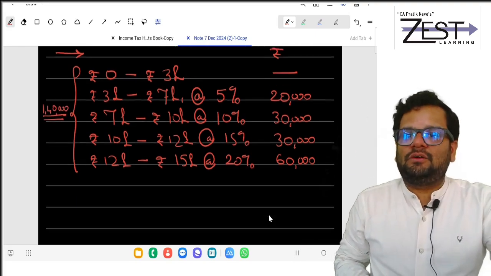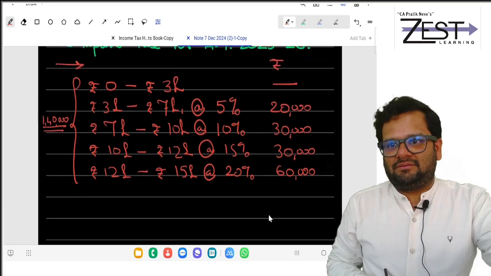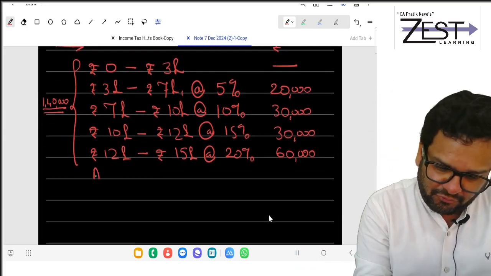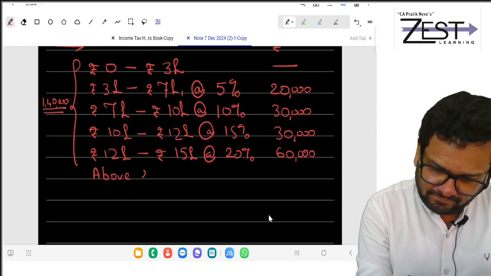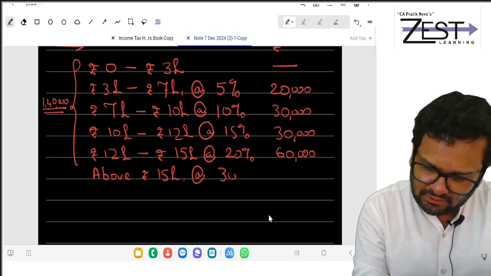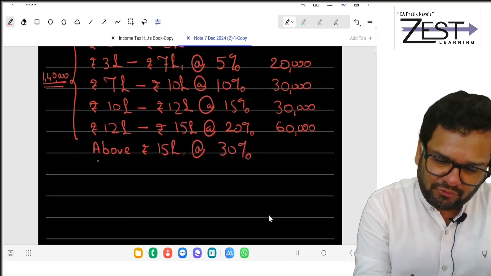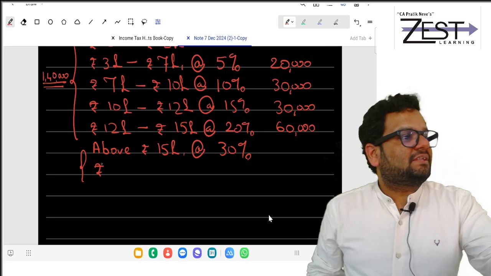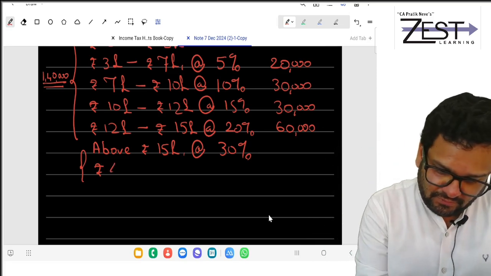From next time onwards you don't have to do this internal working. Above 15 lakhs at 30%. What is above 15 lakhs for you? 45 lakhs.